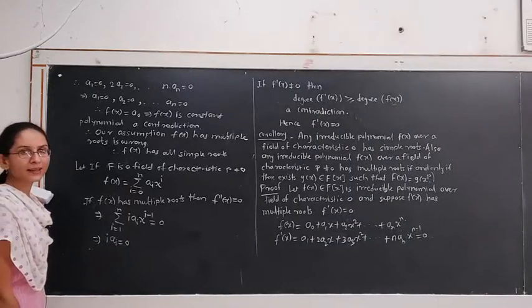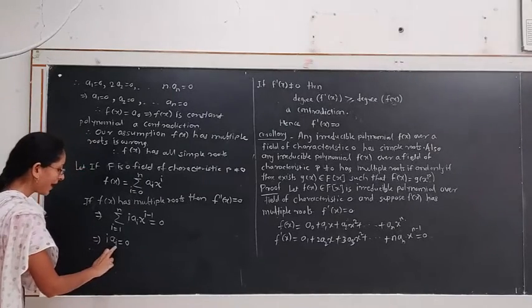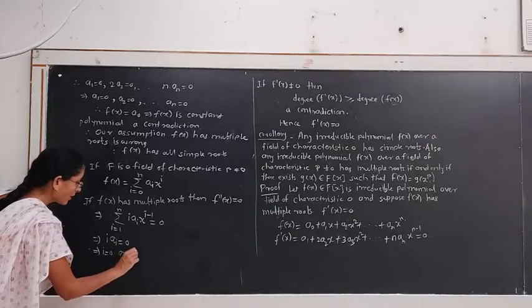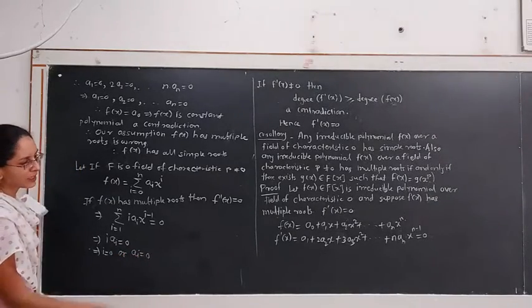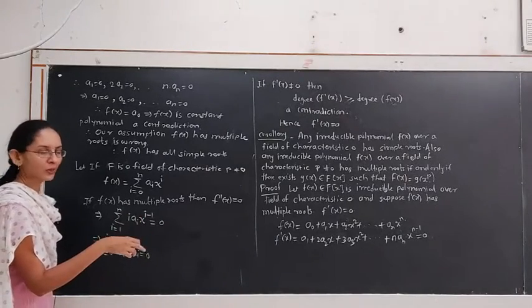But what is the characteristic of the field? The characteristic of the field is p. Here, if i into ai equal to 0 implies either i is 0 or ai is equal to 0. But if ai is equal to 0, then we again get f(x) as a constant polynomial, which is a0 only.